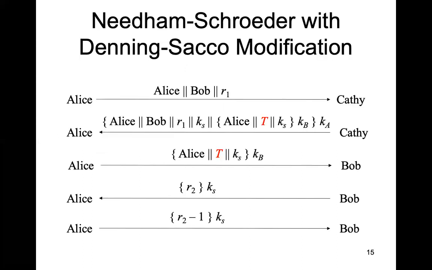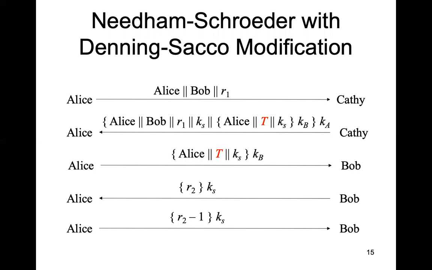So let's look at that. Here's the Denning-Sacco modification to the Needham-Schroeder protocol. The first step is the same. The second step is where the first difference happens, where Kathy is going to attach a timestamp T in this message that's sent to Alice, which is in some sense telling Alice, in fact, telling Bob and Alice, that this session key is only valid for some time. Okay, so you're attaching this T to that encrypted message.